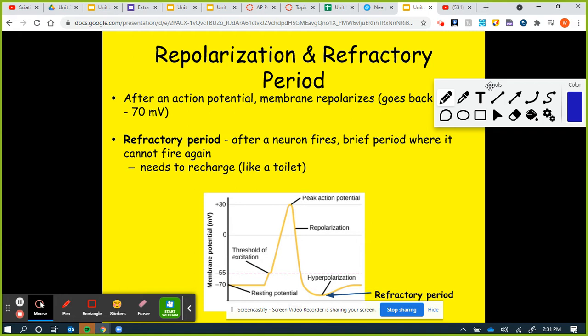After an action potential, the electrical signal travels down, and once it passes a certain point, those positive ions go back out, negative ions come back in, behind the action potential, and it does what is called repolarization.